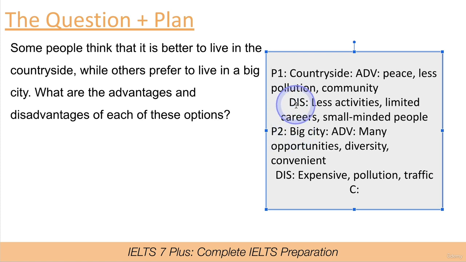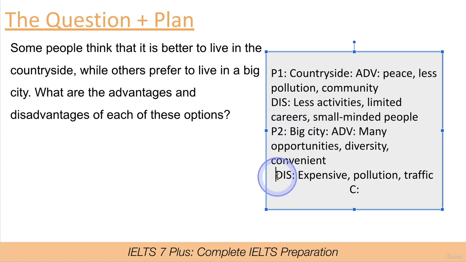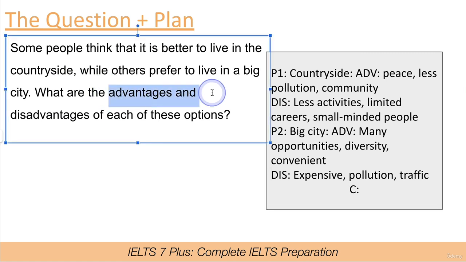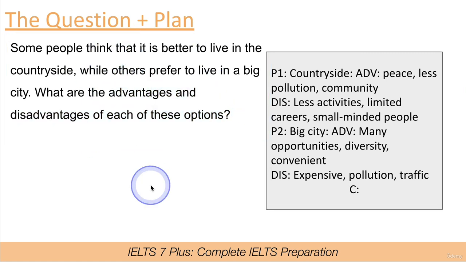Okay then, so here we have our advantages and disadvantages of each of these options. So this is how we're going to lay this out today. Maybe we don't want to repeat ourselves. Maybe we'll think of another option for pollution. We'll see how we go.